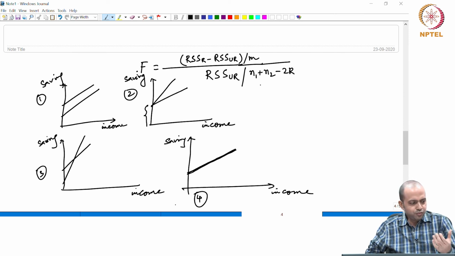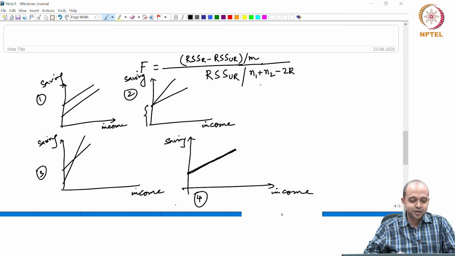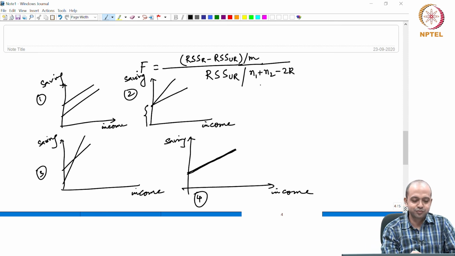Now, the limitation with this Chow test is that it will only tell you whether the post financial crisis saving income relationship is significantly different from the pre financial crisis or not. But the Chow test cannot tell you whether the change is due to a change in slope, a change in intercept, or a change in both.